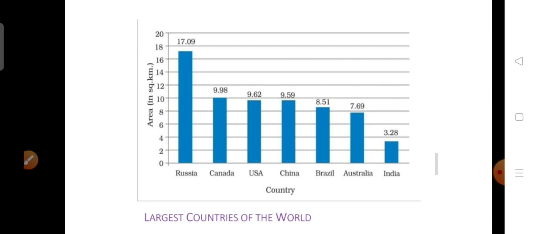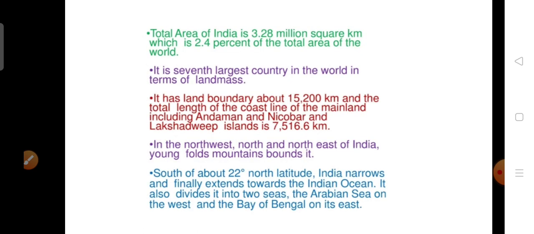India is on the 7th position, that is the 7th largest country with the area 3.28 million square kilometer. So India is on the 7th position when we compare the different countries area wise.